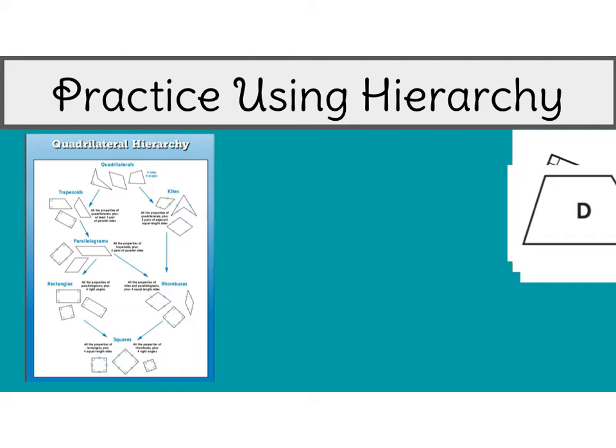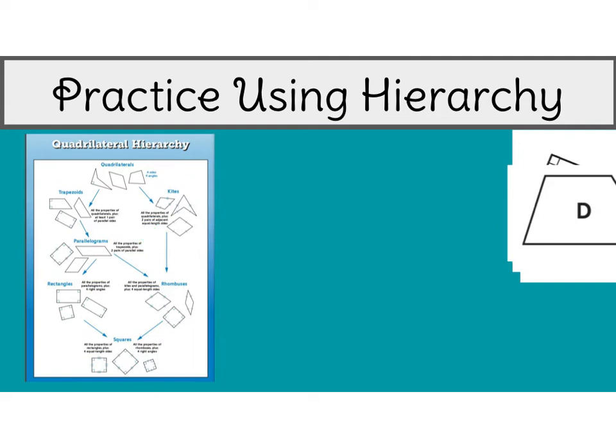So if it's a trapezoid, all of the properties it has would include the properties of the quadrilateral itself, plus at least one pair of parallel sides. If we put it into the kite category, it's going to have all of the properties of the quadrilateral, plus 2 pairs of adjacent equal length sides, right? The sides that are next to one another that are equal length.